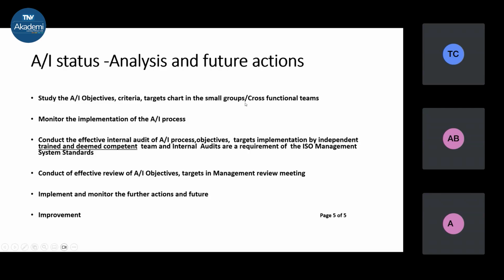Then there are targets always, which need to be discussed in small groups and cross-functional activities. We always say involve more and more team members as applicable. Don't crowd it into the meeting, but relevant team members, which we always call a cross-functional team or small group, depending upon the client or CB or BA or consultant angle, we look at it.